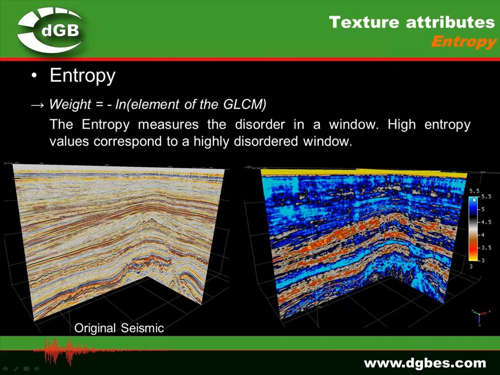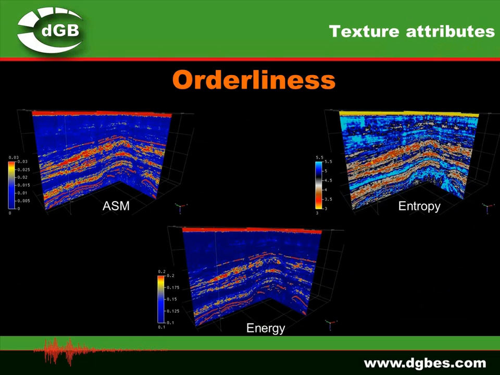So here is highly disordered. If you compare the three attributes, you can see that these areas are much more defined on the energy and the angular second moment than on the entropy. They appear much sharper.